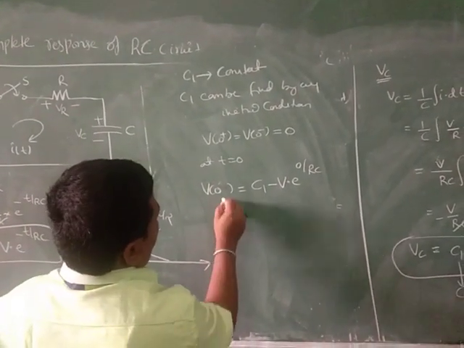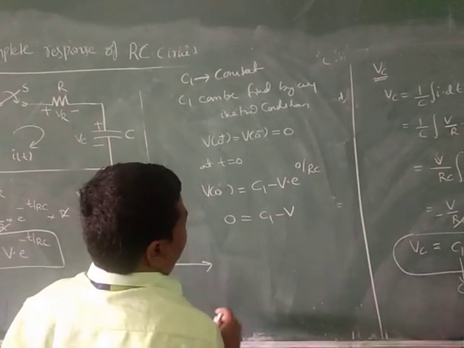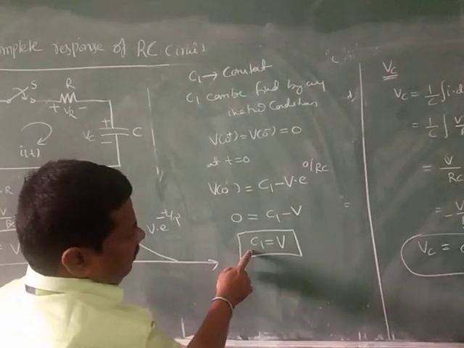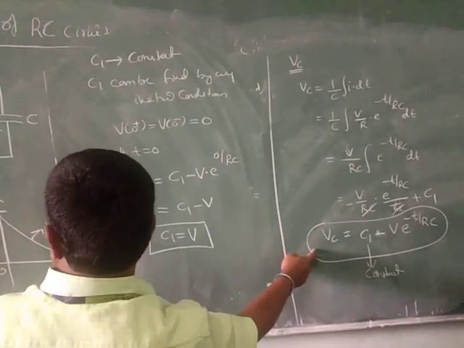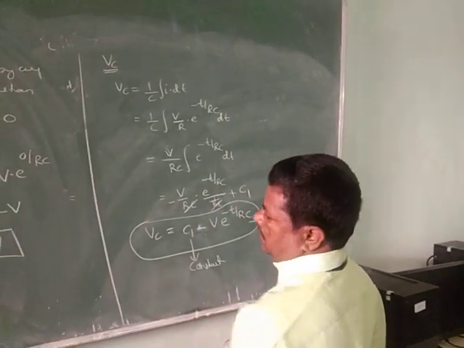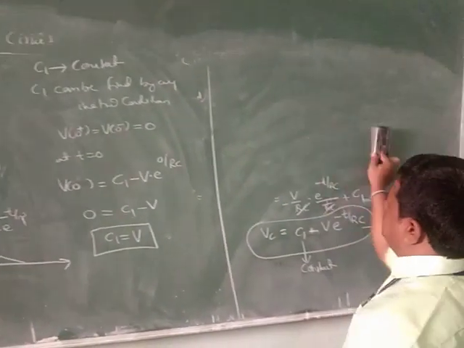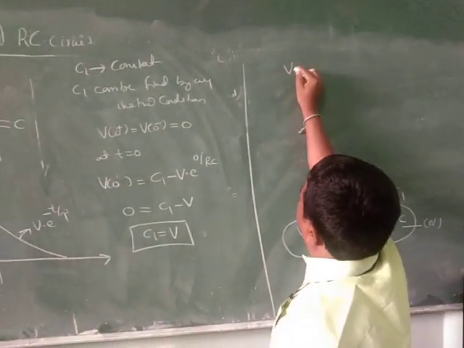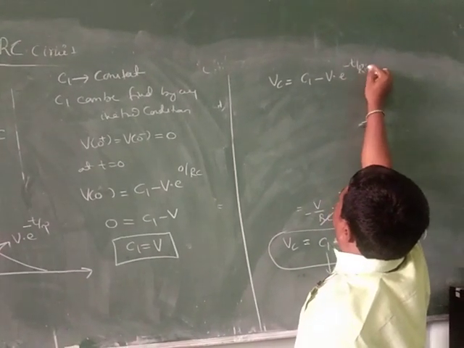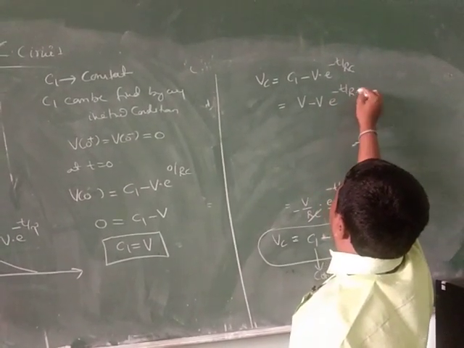V of 0 is equal to 0, which is equal to C1 minus V. Then C1 is equal to V. Substitute the C1 value in the voltage across capacitor equation. Now Vc is equal to C1 minus V into e power minus t by RC. C1 is equal to V, so V minus V e power minus t by RC.